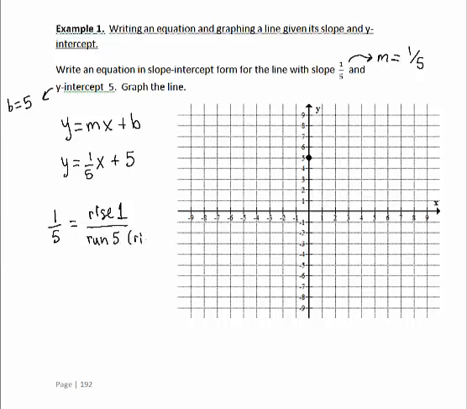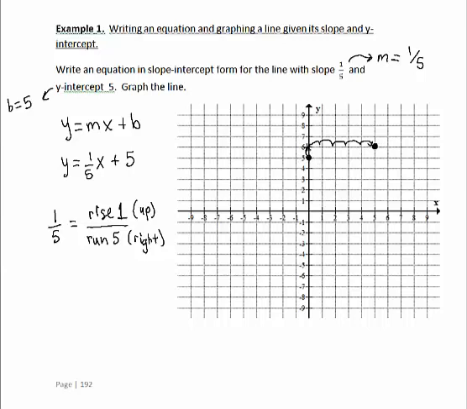So right and up for the rise. So from this y-intercept we go up 1 unit, and then we go right 1, 2, 3, 4, 5.